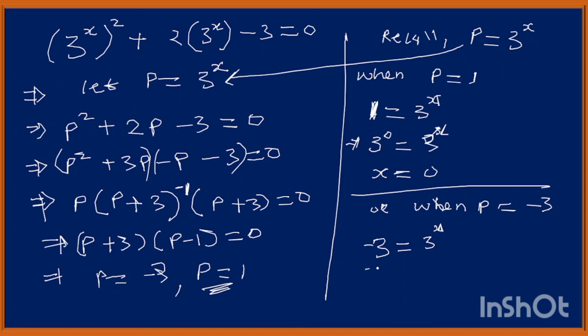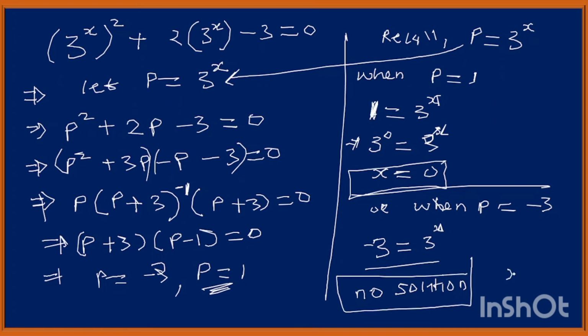And in this place, we say no solution because of this minus sign here. No solution. So our answer is x is equal to 0 or no solution. So we'll just pick it that our answer is x equal to 0.